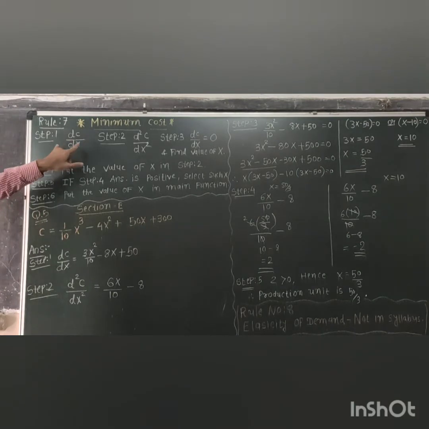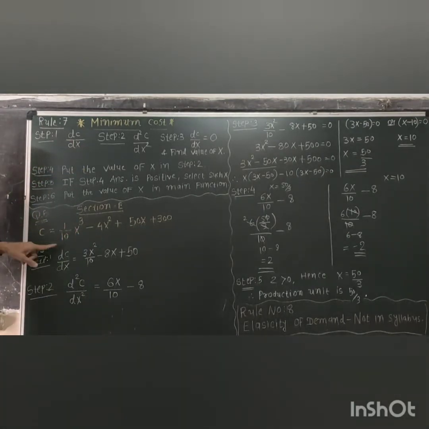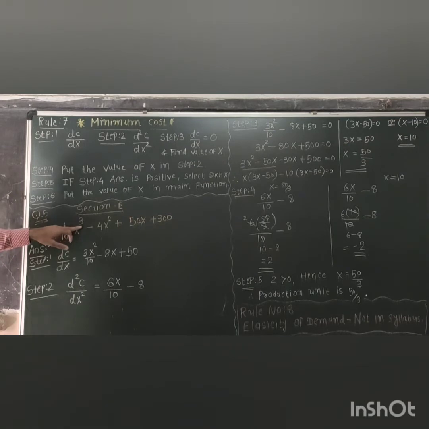Step number 1, that is dc upon dx. So from c we take the derivative, dc upon dx. Here x has power 3, so 3 comes in front of x. Deduct 1 from the power, so it is 3x square divided by 10.